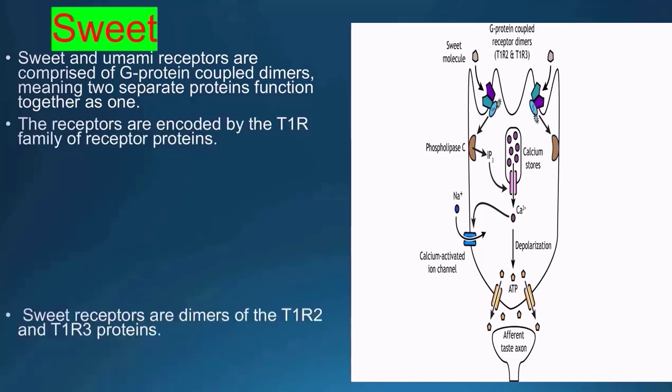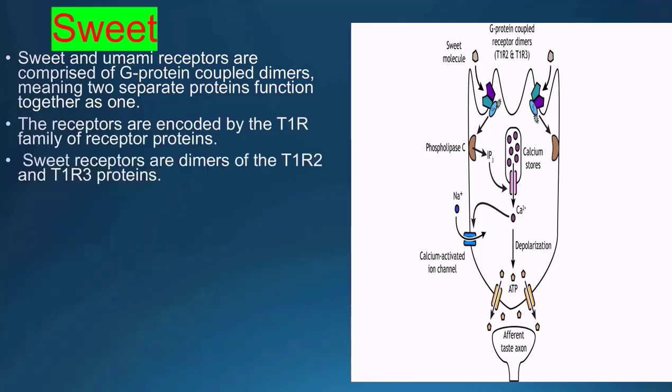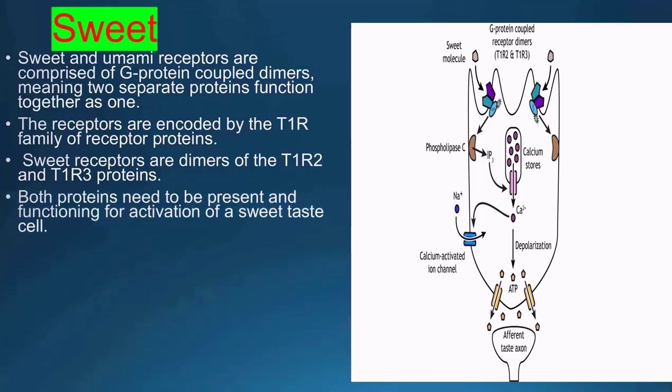Sweet receptors are of the T1R2 and T1R3 proteins. T1R2 means taste receptor type 1 member 2 and T1R3 means taste receptor type 1 member 3. Both proteins need to be present and functioning for activation of the sweet taste cell.